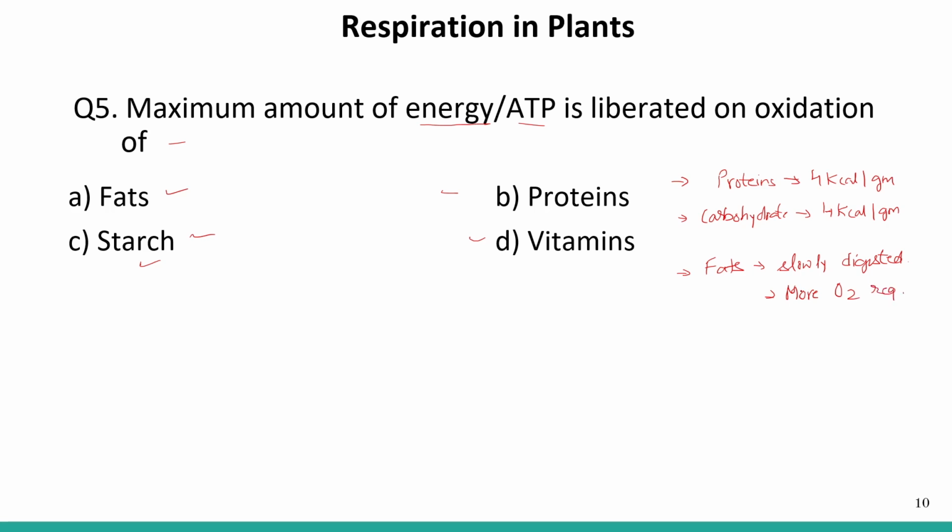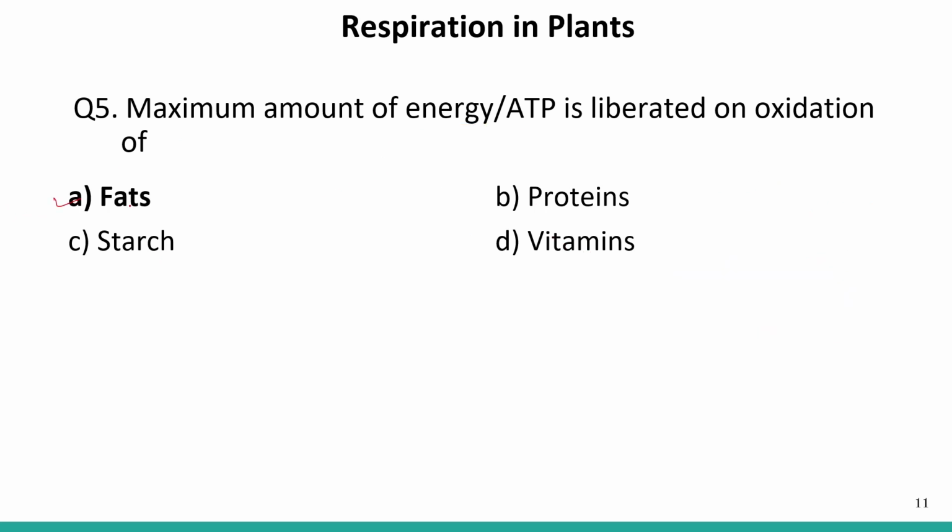But fat interestingly yields around 9 kilocalories per gram of energy. So what should be the correct answer? Vitamins don't give us that much energy; they are just absorbed by the body. So the answer should be option A, fats. The maximum amount of energy is released by the burning of fats, although they are digested very slowly.